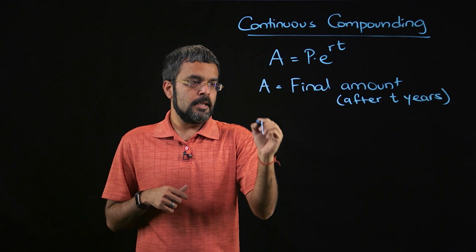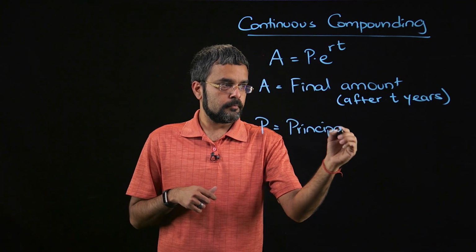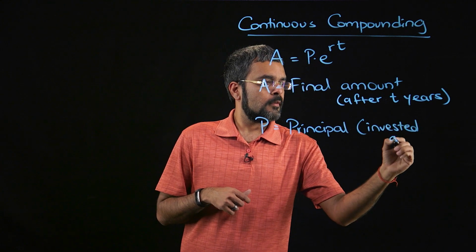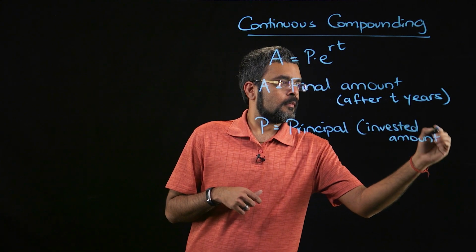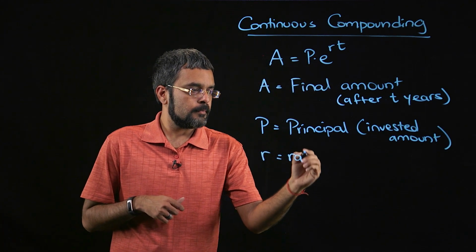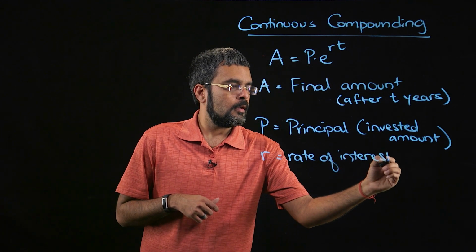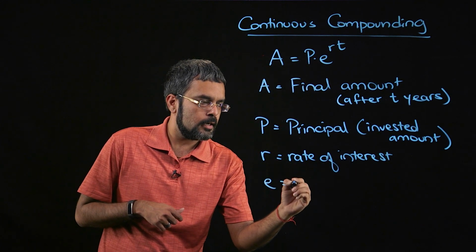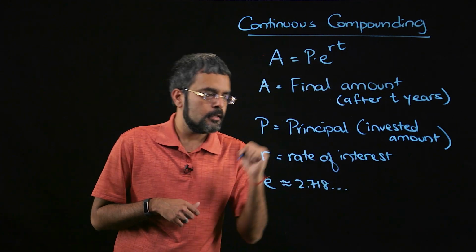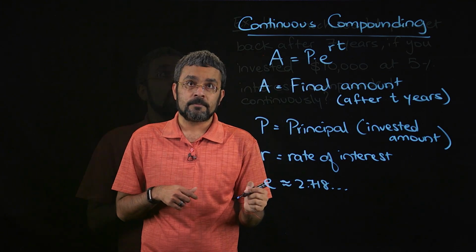P is your principal, or your invested amount. R, again, is your rate of interest. And like I said, e was your constant there, approximately 2.718, and so on and so forth. Your calculator has a button for e, so you don't have to memorize that.